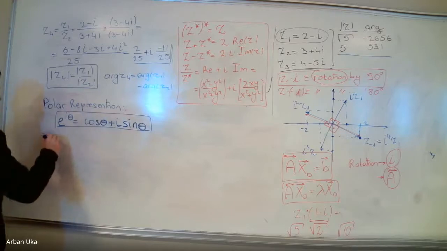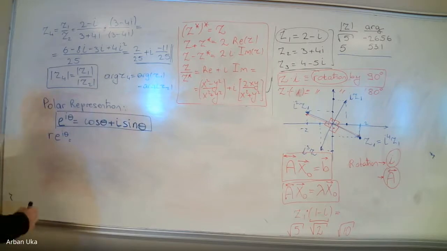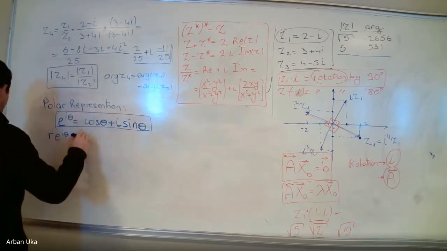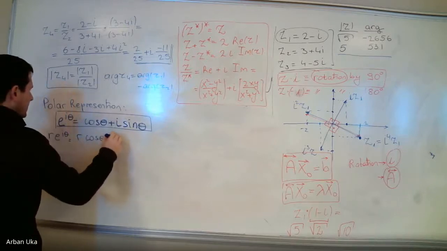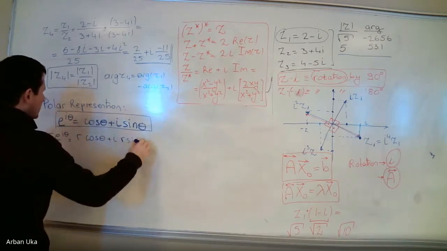So we get r times e to the power i theta, which is equal to r cosine theta plus i r sine theta.